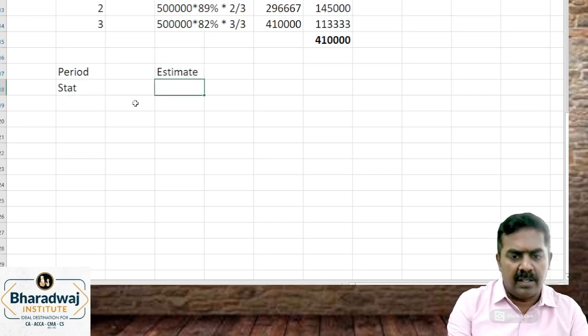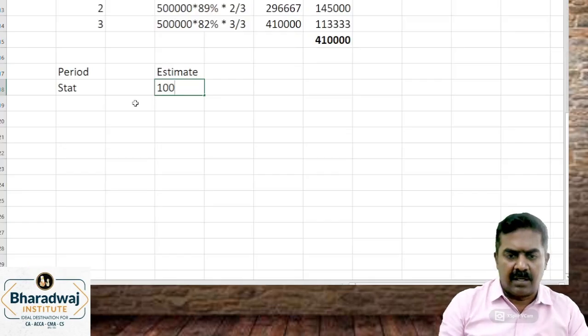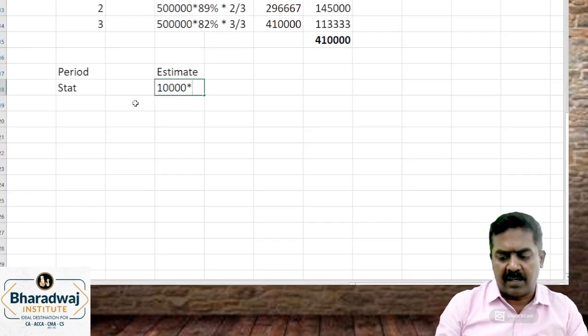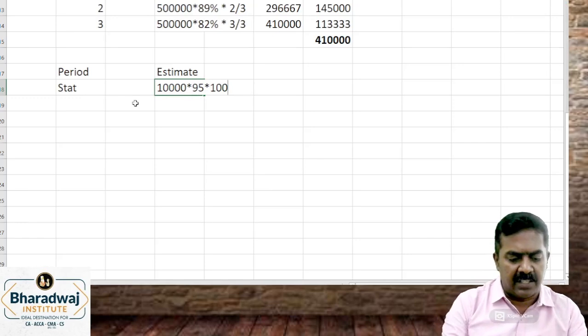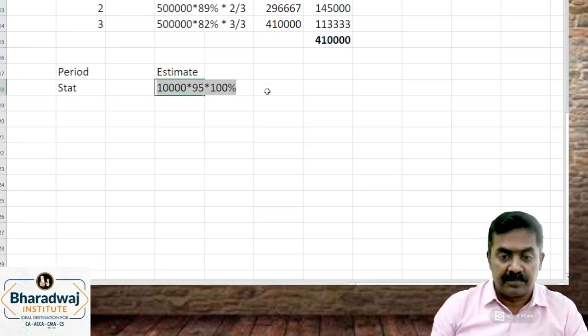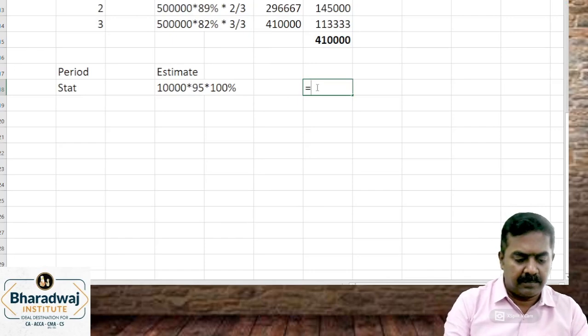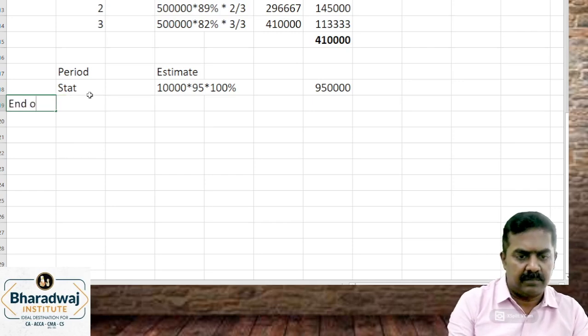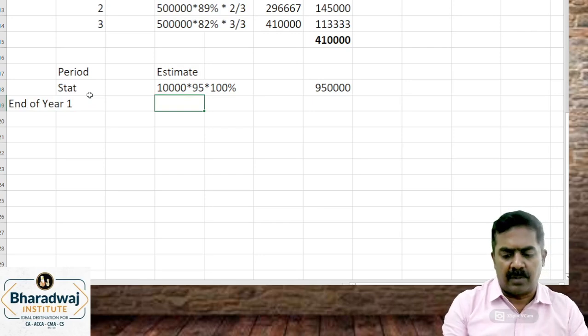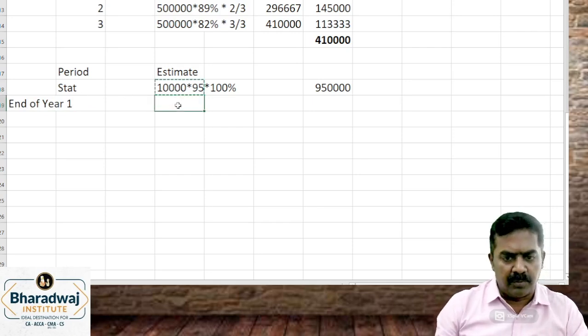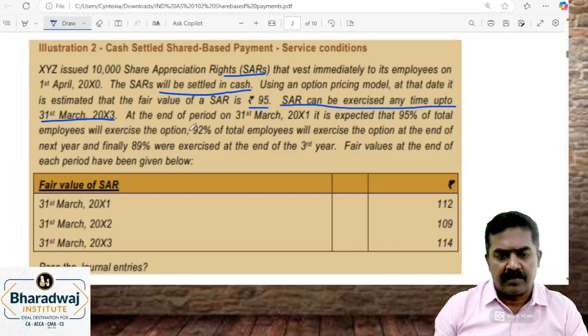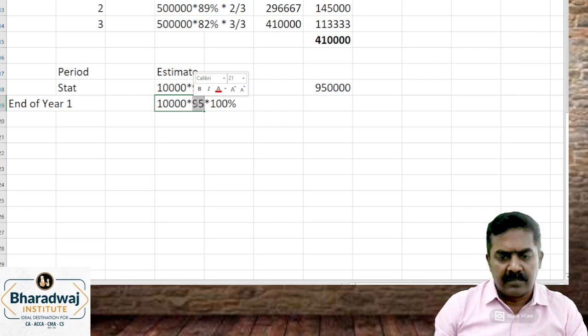At the start எவ்வளவு இருப்பாங்க? எவ்வளவு employees? 10,000 into at the time what is the value of SAR? 95 into 100% we are expecting. Day 1 la அந்த change கிடையாது. 95 into how much percentage? 100% start level. Then end of year 1, 10,000 into, what is the fair value of the option at the end of the first year? 112.